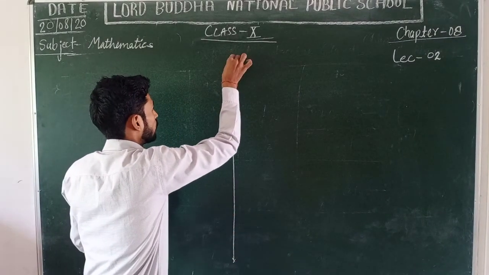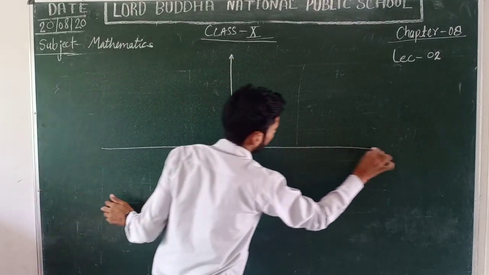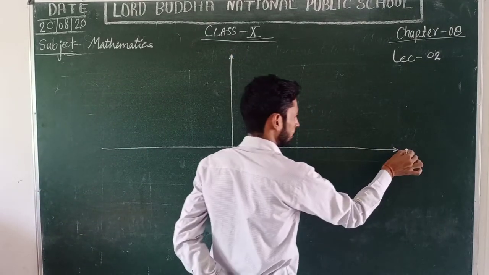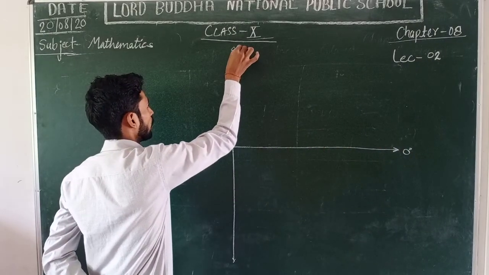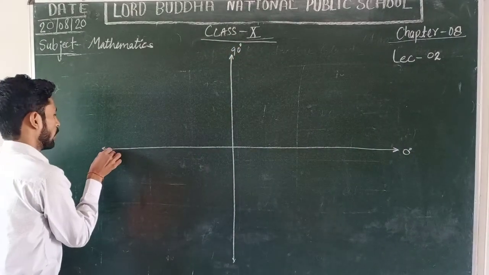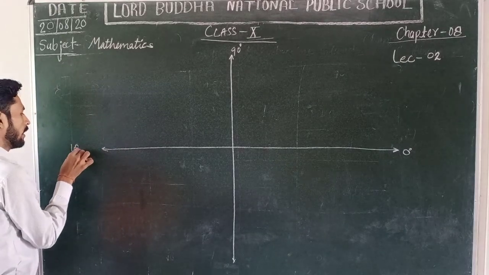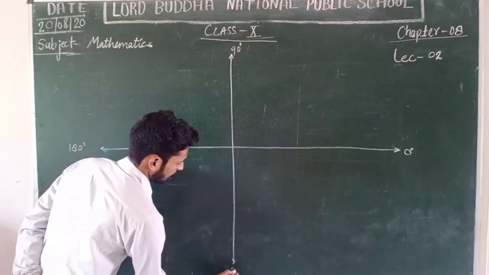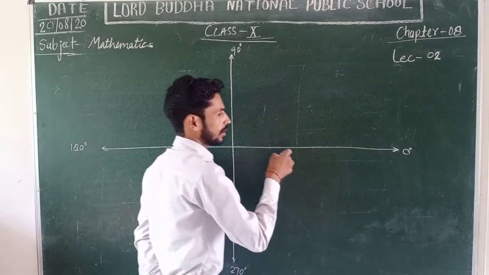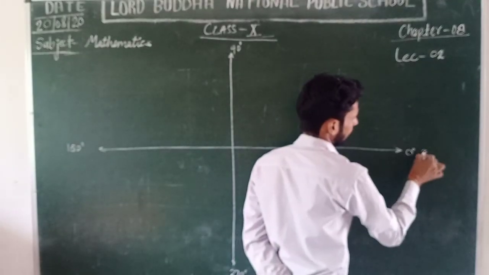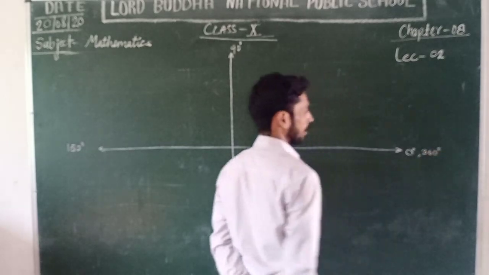Sign conversion is that in the quadrant form there is the 0 degree, and this is the 90 degree, and next one is 180 degree, and this is 270 degree, and when we complete one complete revolution, then it will be 360 degree angle.